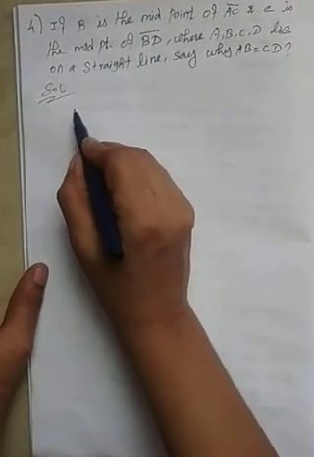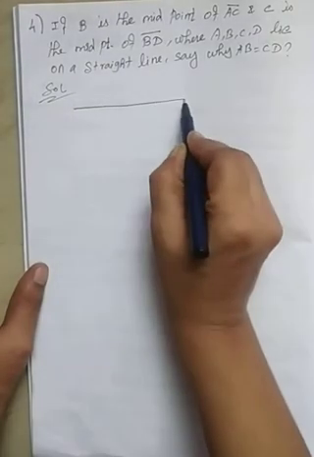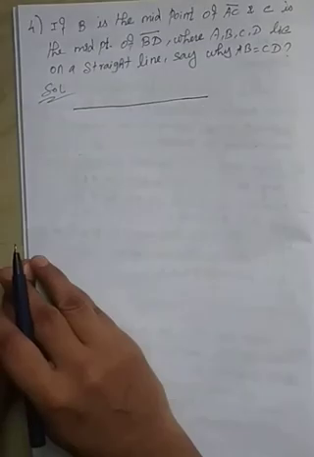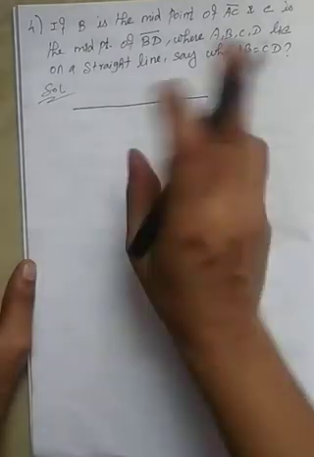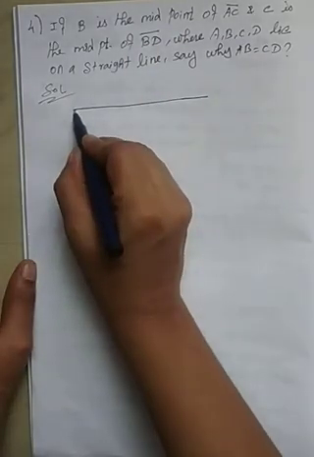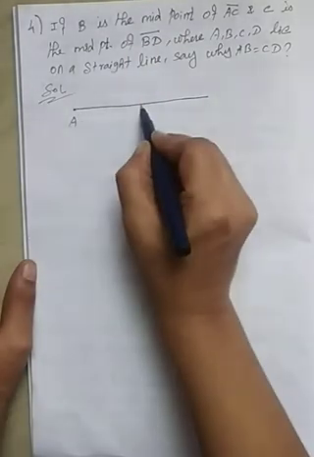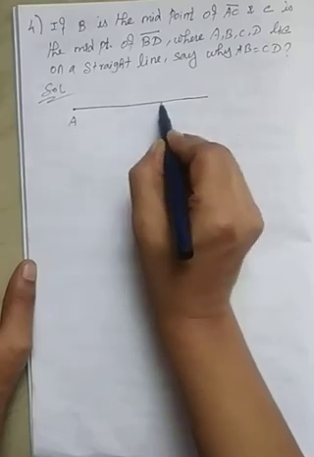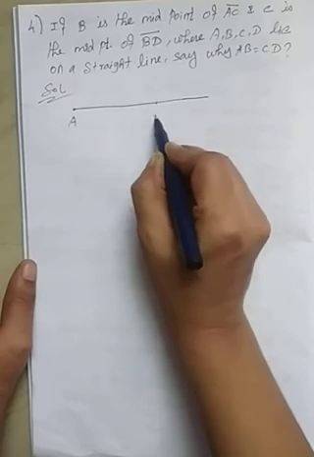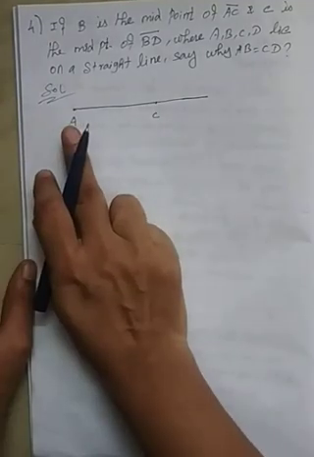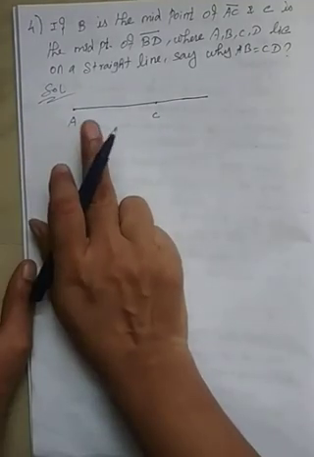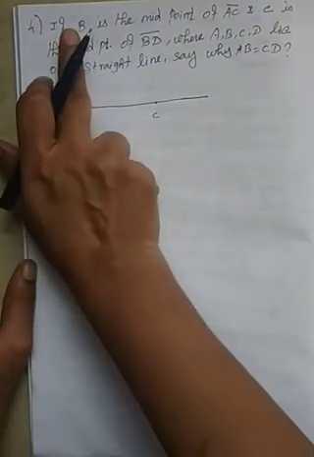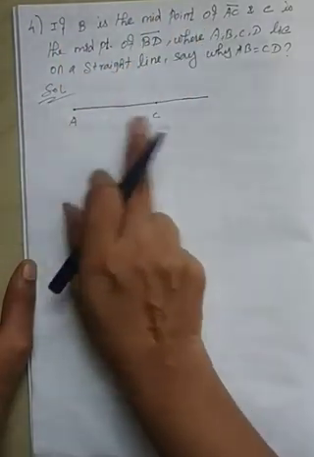Okay, see here, I have to draw a line segment first. So B is a midpoint of AC. So I have to take, this is A, this one is C. Okay, see here, first B is the midpoint of AC.